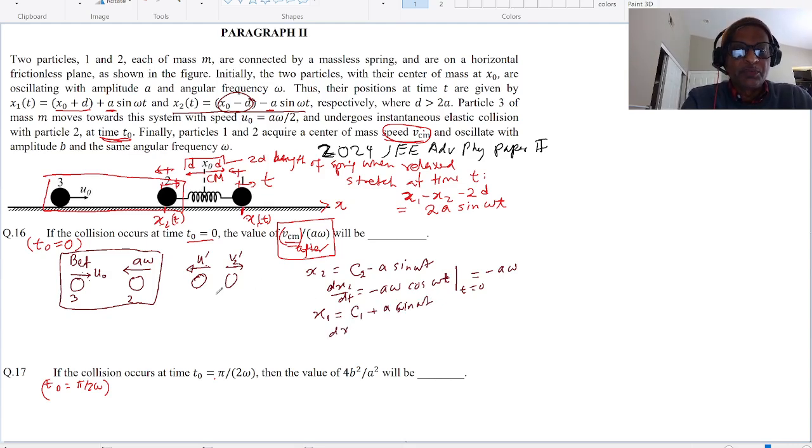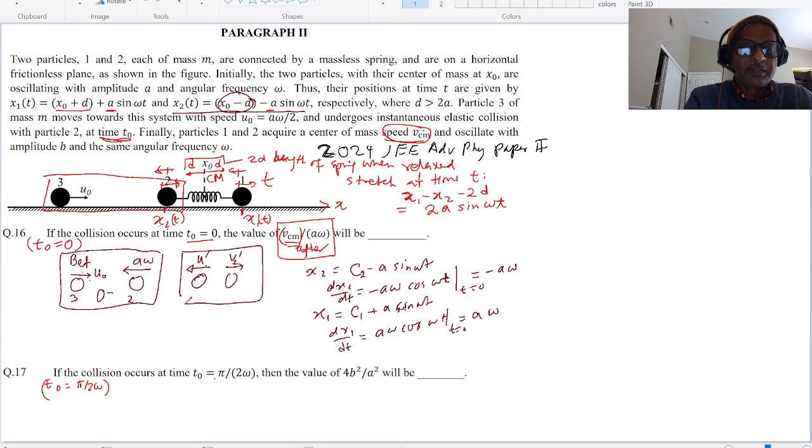Although I don't need it for this, I might need it later, dx1 dt is a omega cosine omega t, and at t equal to 0 that just gives me a omega. Let's call this 0 minus time, and this 0 plus time.